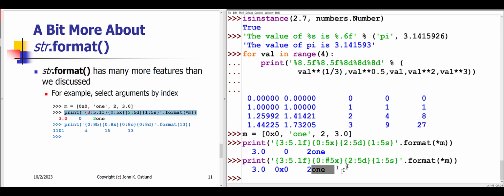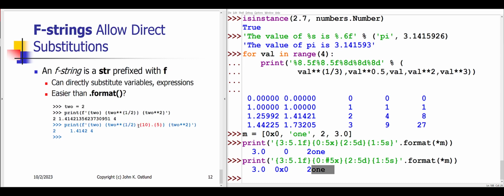All right, so numbers are right justified, strings are left justified by default. Okay, so not only can I alter the ordering in which the arguments are used in this way, but if I only have one argument, which would be the sub-0 argument, I can use that one argument multiple times by selecting argument 0 multiple times.